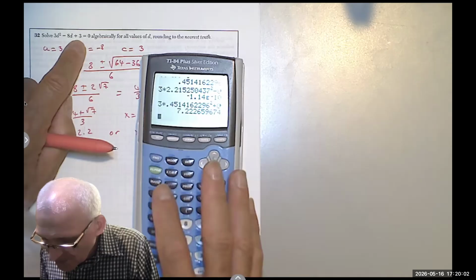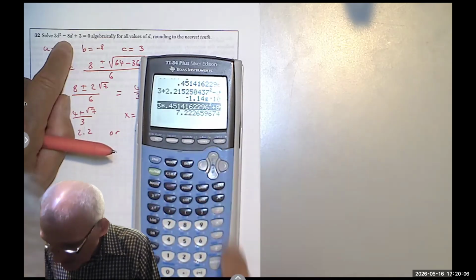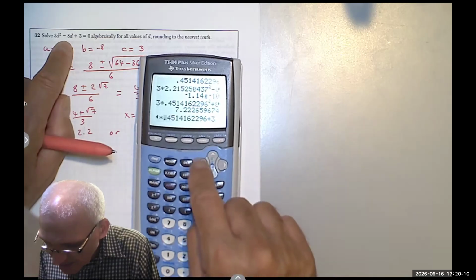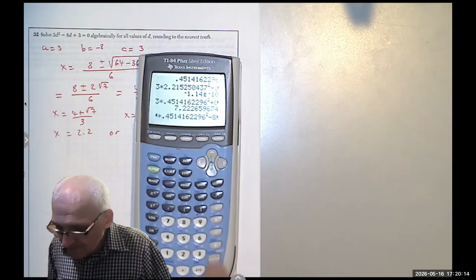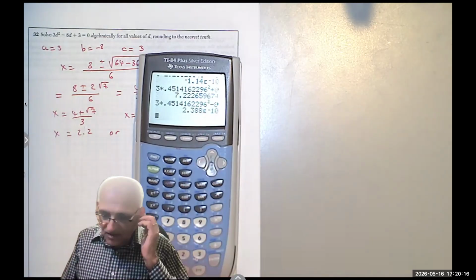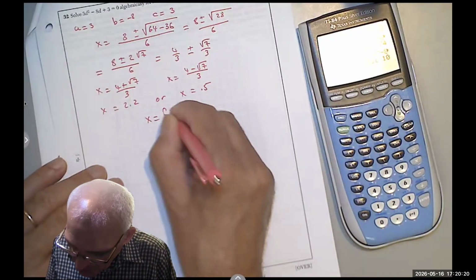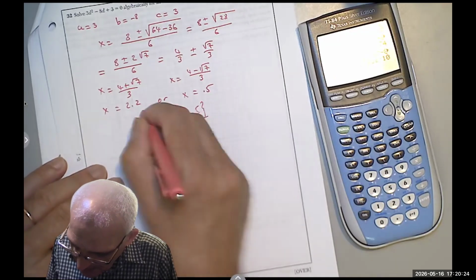No, I did something wrong. 3 times that minus. Why did I say minus and I typed plus. Okay, that should be minus 8d. Yeah, and sure enough, I get 0. So I can write x equals 2.2, 0.5, and that would be my answer.